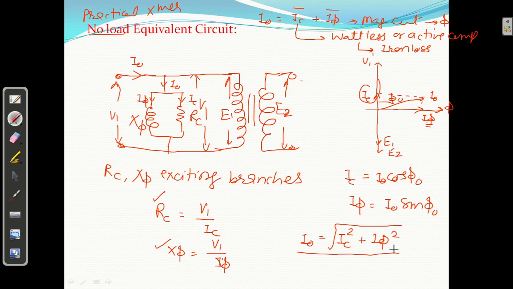That is called the equivalent circuit of a transformer at no load. For a practical transformer at load condition, this will be added. I have discussed this only to clear your concept.